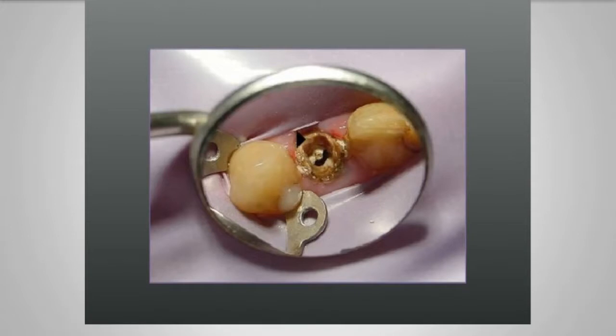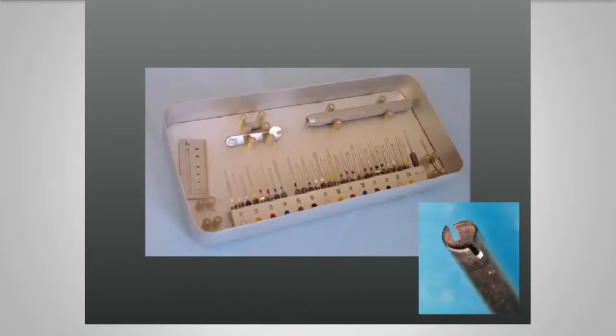The Maceran kit comes with a series of trefines. This is the trefine here that you can use to machine. Certainly if the post is circular, you can machine very conservatively around the post and remove a little bit of dentine before you apply ultrasound.